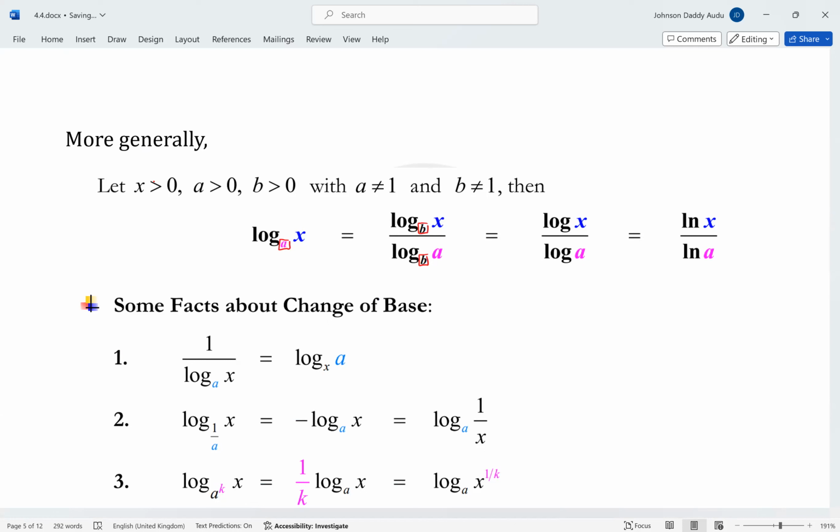But if you go from a to base 10, you're just going to leave it like this. For example, if I want to convert from base a to base 10, you have log to base a of x, which is going to be log to base 10 of x over log to base 10 of the old base, which is a.